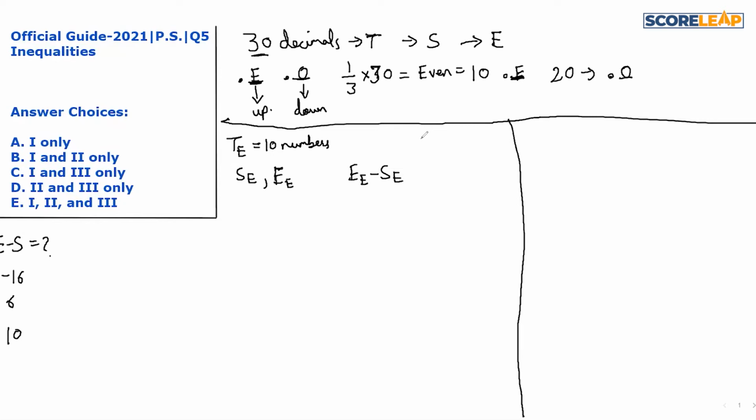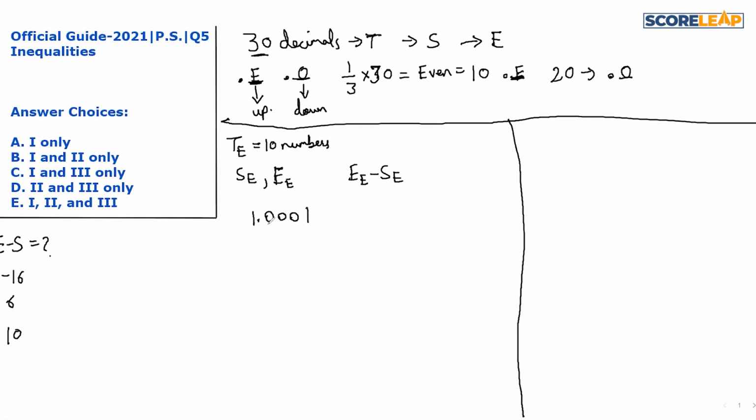What will happen if we find out the limits? Then we will be able to calculate the values which can be accommodated in those limits. Similarly, we will find out the limit for EO minus SO. But let us first find out the limits for EE minus SE. Let us take a number which will have the largest possible difference between the estimated value and the original value. So let me take one number as 1.0001.